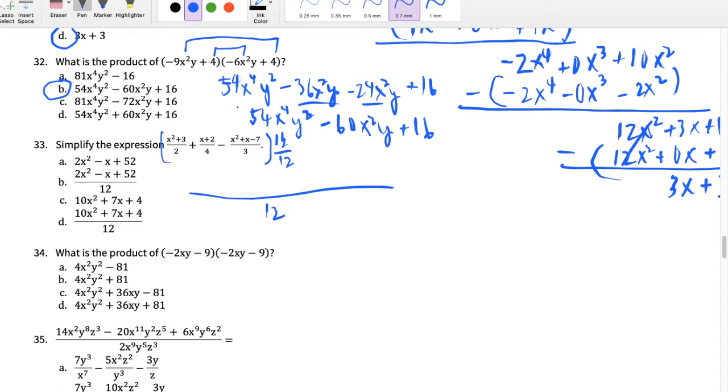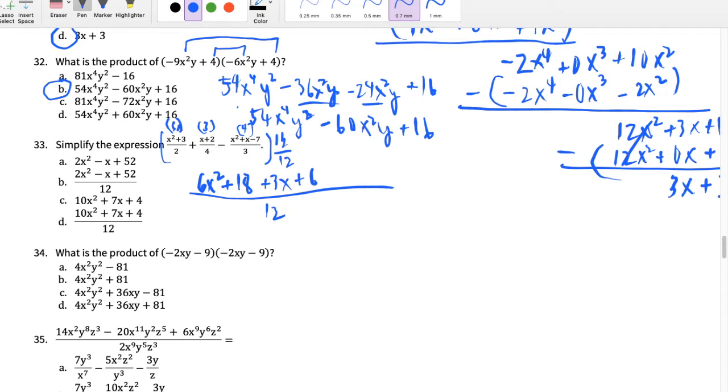So this one, 12 divided by 2, that's equal to 6. So 6 yung multiplier natin dito. How about here? 12 divided by 4, that's times 3. 12 divided by 3, that's times 4. Okay, so 6 times x squared plus 3, that's equal to 6x squared plus 18. 3 times x plus 2, that's equal to 3x plus 6.